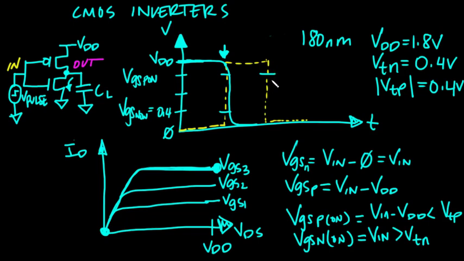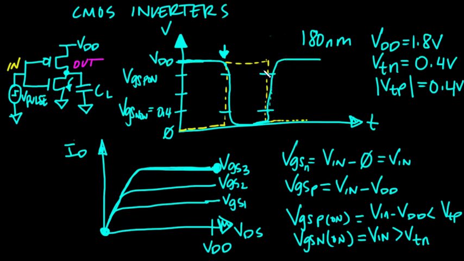So everything below this point, the PMOS device is on. And everything below this point, the NMOS device is off. So as the input voltage drops, first my PMOS device starts to turn on, and then my NMOS device starts to turn off.